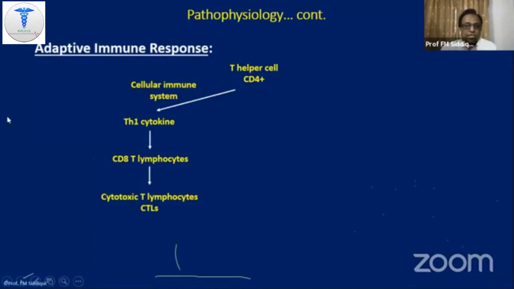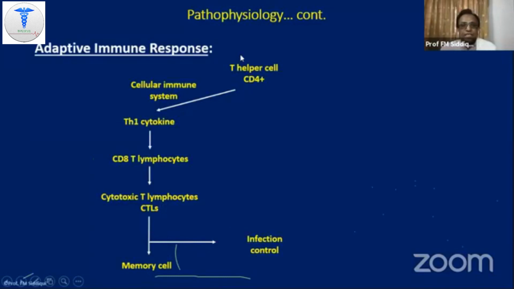These cytotoxic T lymphocytes are highly specific against SARS-CoV-2. What they do is go immediately to the site of infection, and they destroy the infected cells. Not only this, these cytotoxic T lymphocytes remain in the system as memory cells.